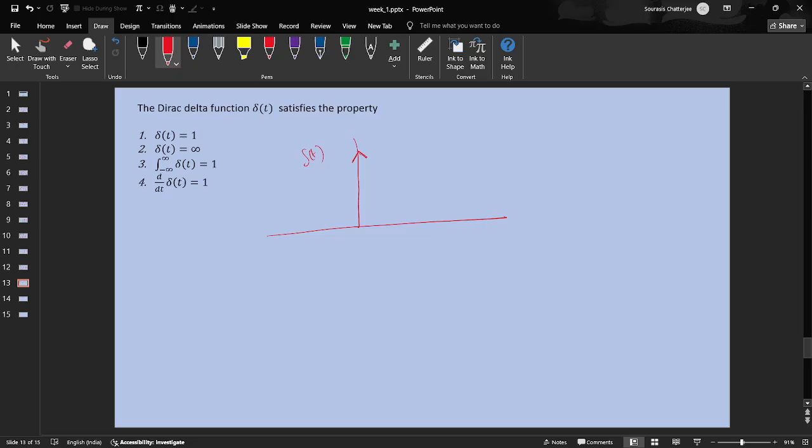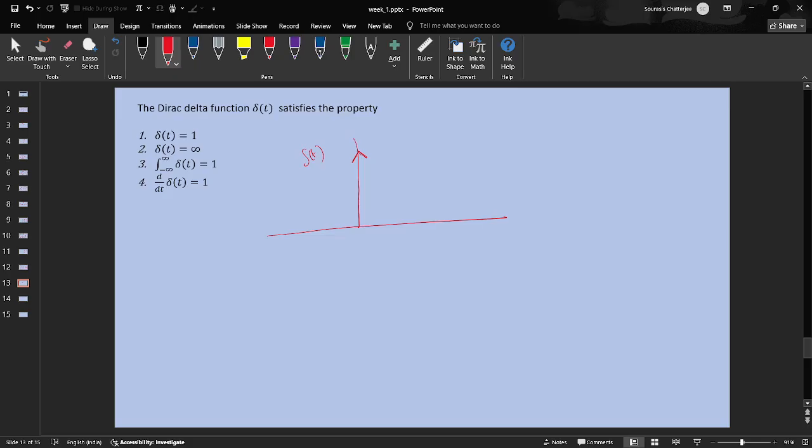Infinite height. So if it's infinite height, what is its width? Zero. So basically you are saying that width is infinitesimally small and height is kind of infinite.